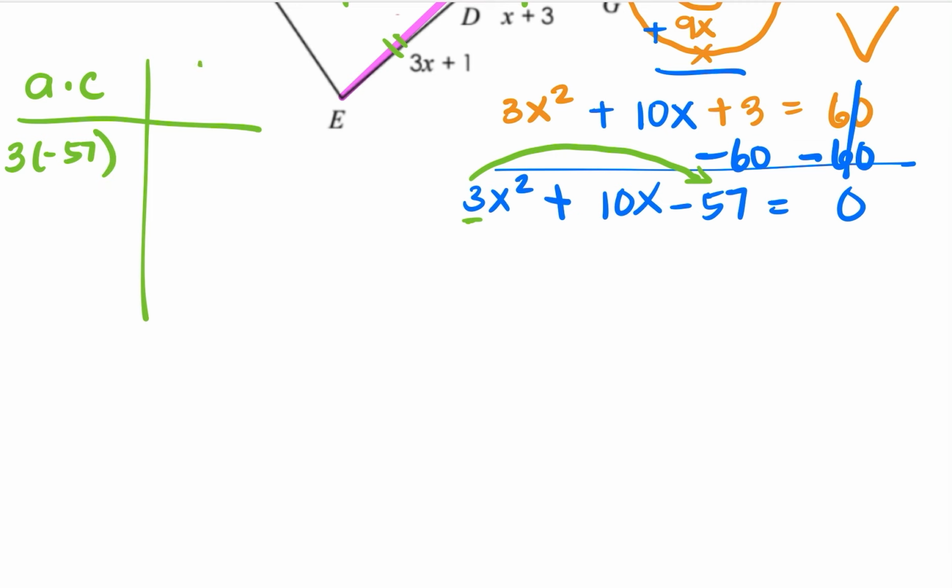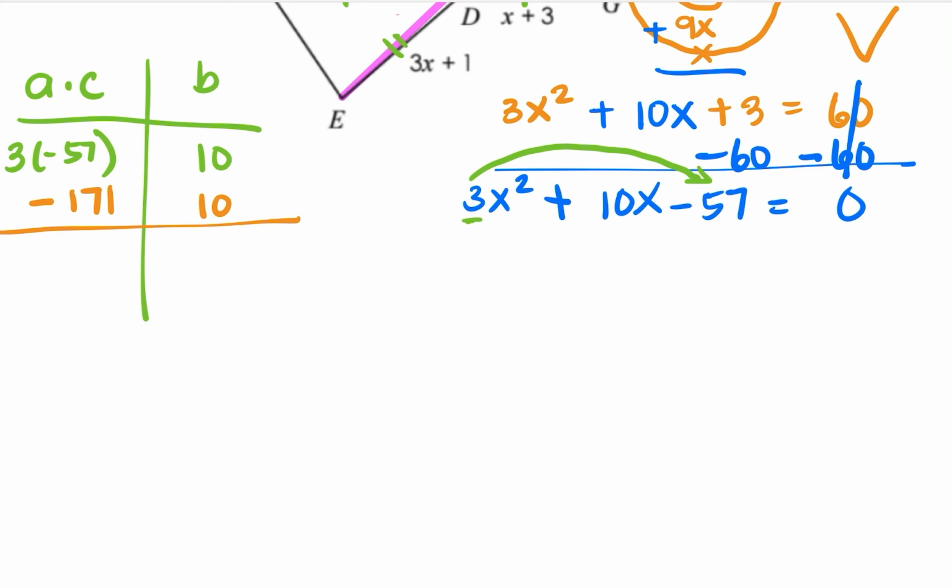And b is 10. So 3 times negative 57 is equal to negative 171, and this would be 10. So we're trying to find the factors of negative 171.